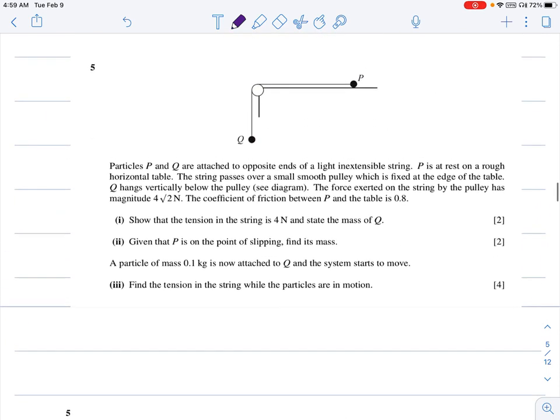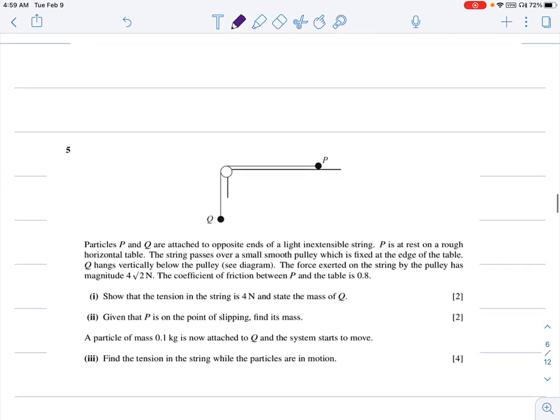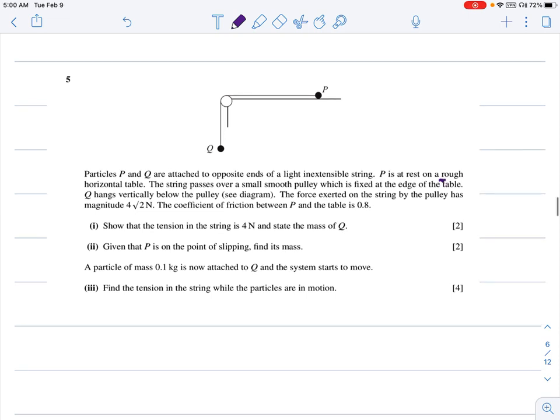Question number 5. The particles P and Q, it's repeated twice, okay, no problem. The particles P and Q are attached to the opposite ends of a light inextensible string. P is at rest on a rough horizontal plane. The string passes over a small smooth pulley which is fixed at an edge of a table.